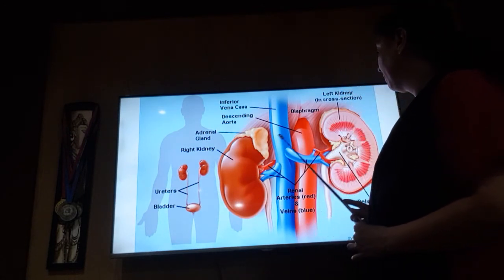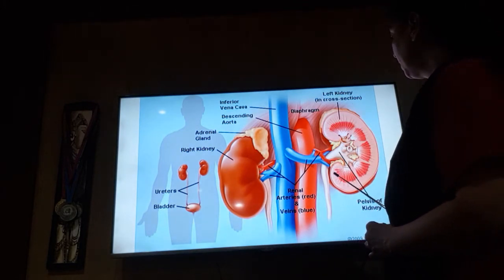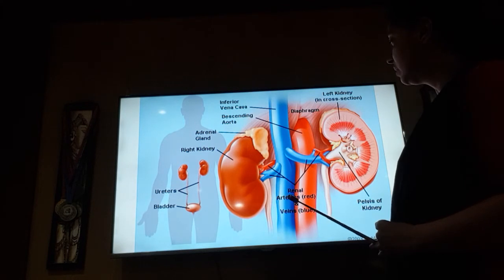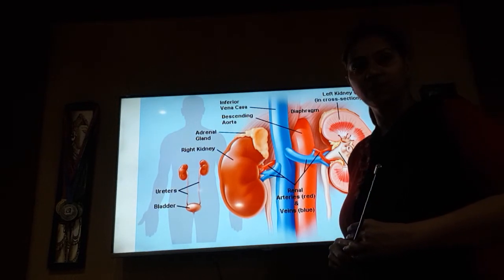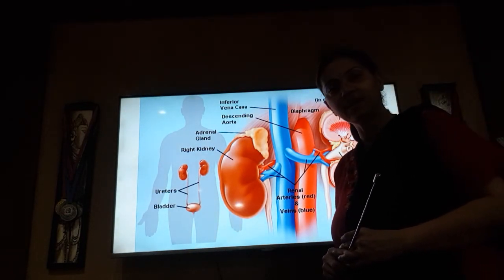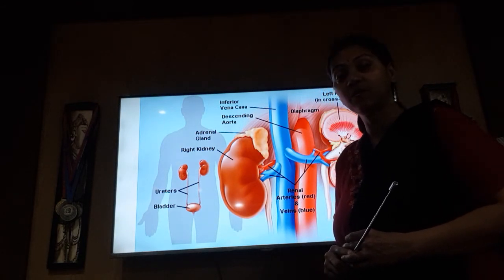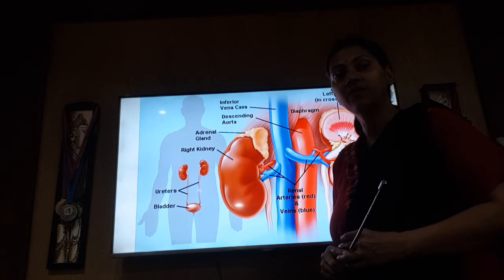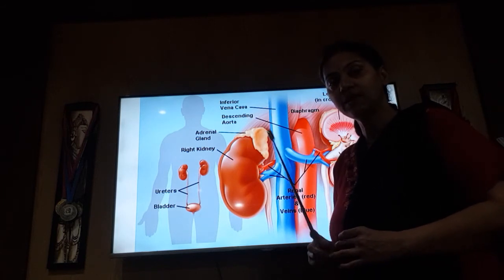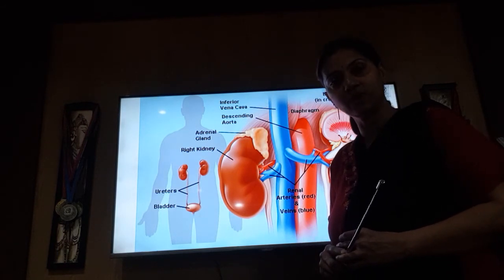Now the nerve supply: it is supplied by the sympathetic nerves. This is a nerve plexus actually, and that nerve plexus is related to the celiac plexus. Where was the celiac plexus present? When we read about the celiac artery, it was supplying the foregut.